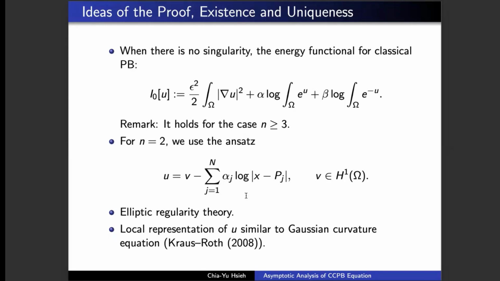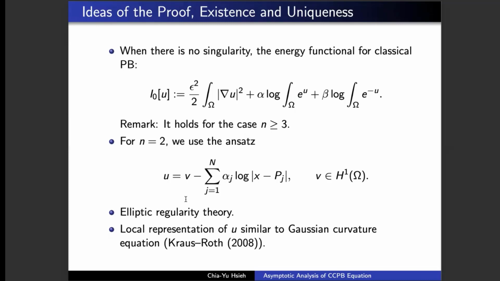And then we can write down the corresponding equation satisfied by V, and eventually we find that the equation of V also has a variational structure, and we can apply the direct method to find a solution of V. And then we can recover our original solution U from V minus this term. Okay. Then the next step is just to apply the standard elliptic theory to improve the regularity of our solution U or V.